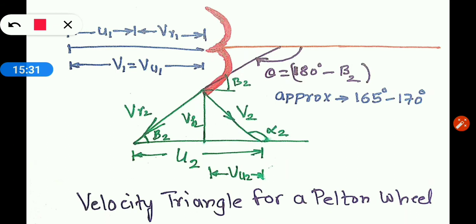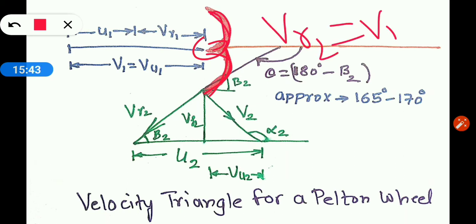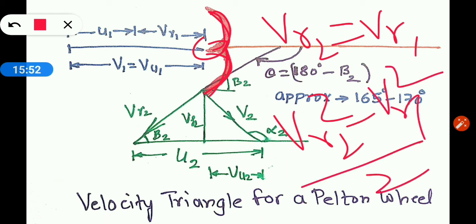Similarly, if you assume that there are no losses at the splitter because of striking, and that the blade is smooth, then VR2 is equal to VR1. That means VR2 square minus VR1 square upon 2 is also 0.